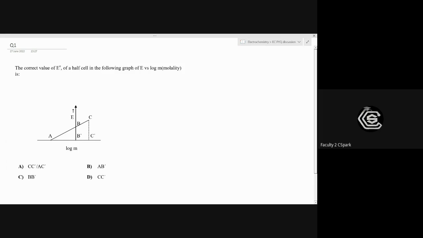Okay, so if we are asked for the standard electrode potential, there are two ways in which we can find that. One is E naught of the cell is equal to E naught of the cathode minus E naught of the anode.